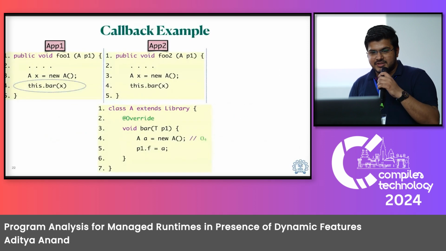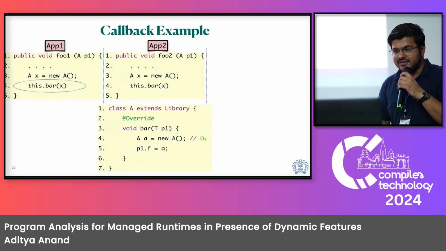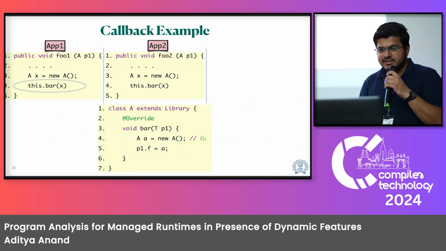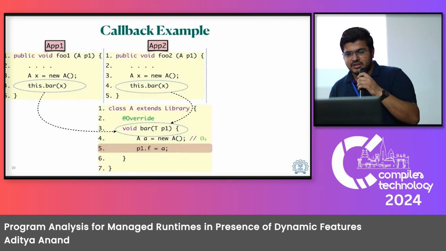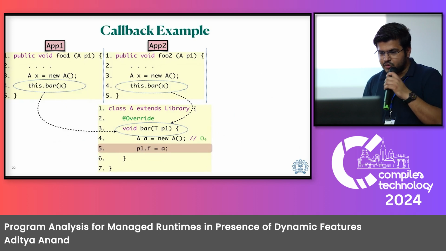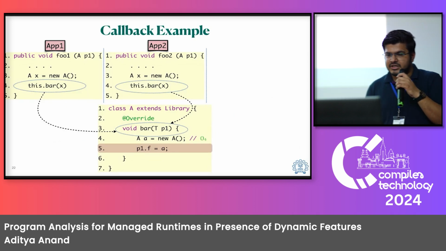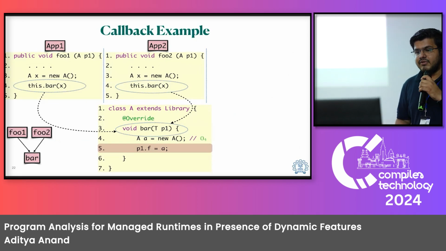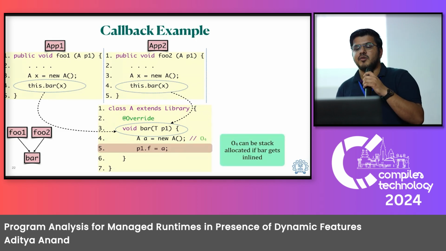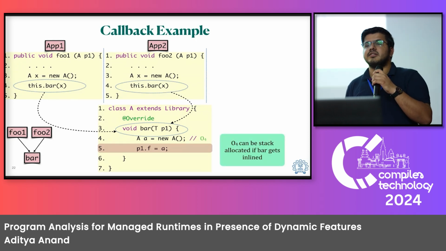Let's see this with an example. Statically, we have two methods foo1 and foo2, which are calling the method bar. At line 5, we are just storing the local object O4, which is pointed to by the variable A, in the parameter's field. Statically, the call graph will look like this: foo1 and foo2 are calling the method bar. And we will say that O4 can be stack allocated if bar gets inlined into its caller.